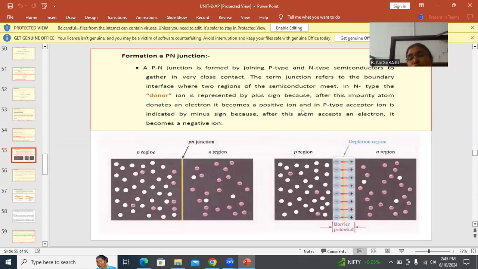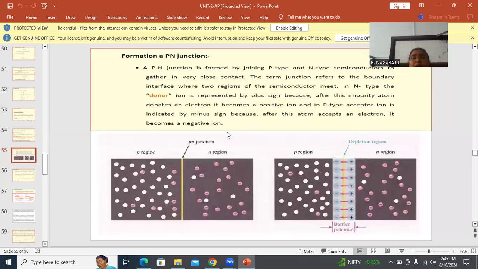It becomes a positive ion. And the P-type acceptor ion is indicated by the minus sign because after the atom accepts the electron, it becomes a negative ion. So this is how we get positive and negative charges.